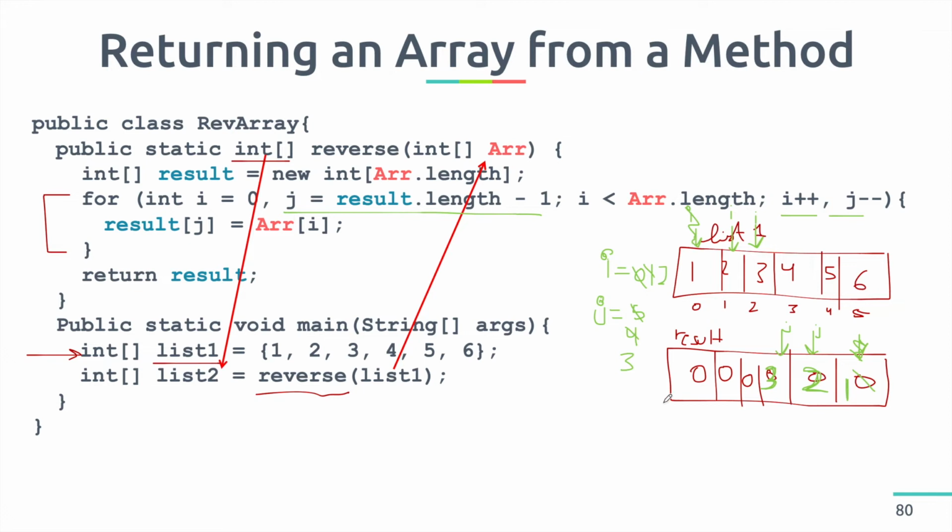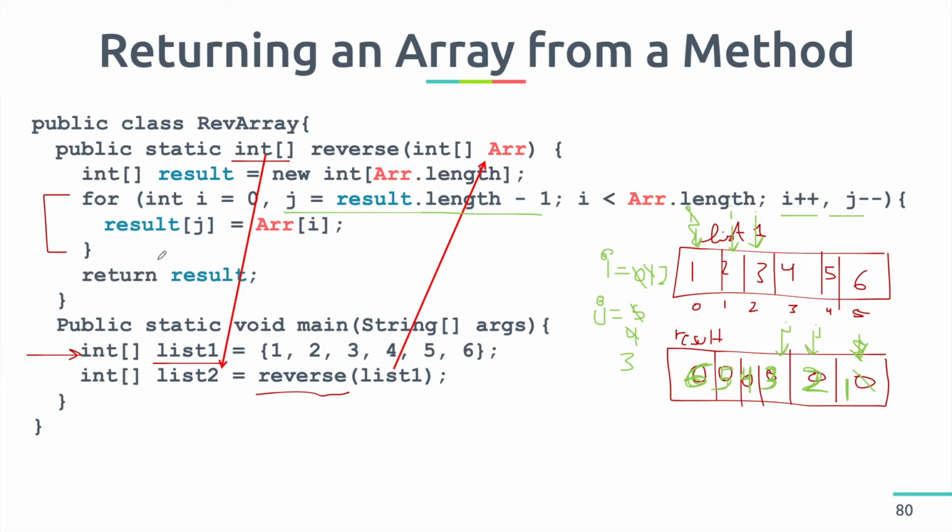And we see that it is correctly reversing, and if we continue execution, we will have 4 here, 5 here, and then the last statement we'll have 6 here. So we will have this array reversed.